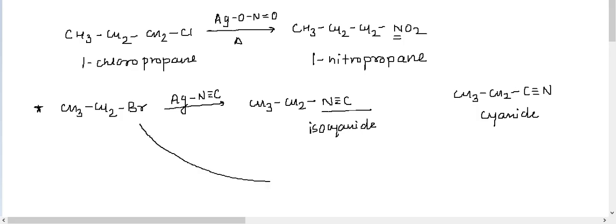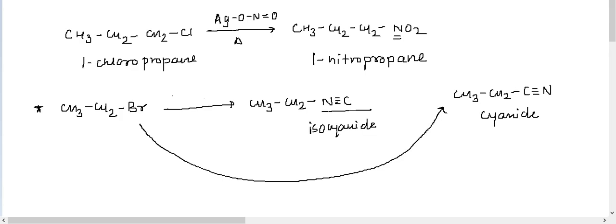If we are asked to convert this ethyl bromide to ethyl cyanide, then we just have to treat the compound with potassium cyanide. Now you have seen the difference between isocyanide and cyanide.